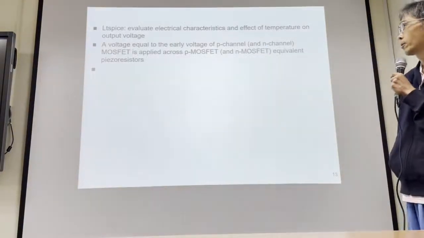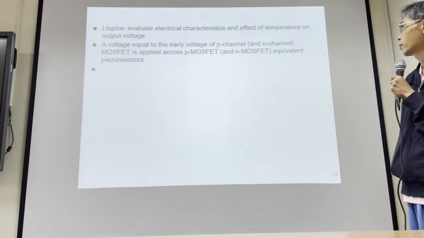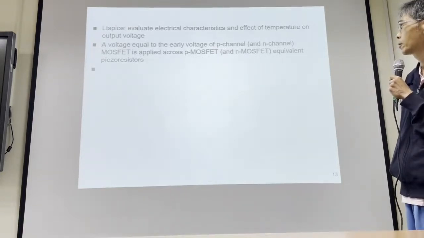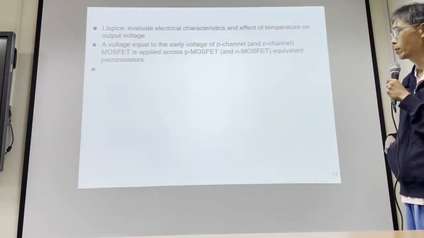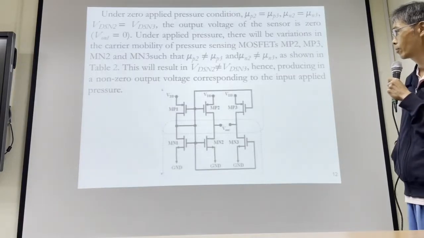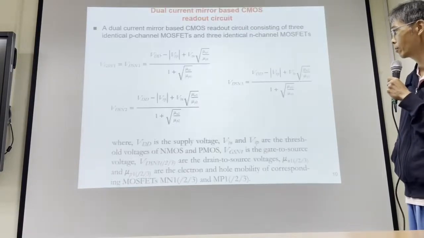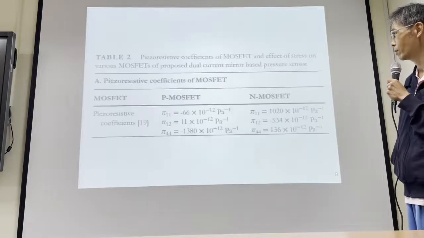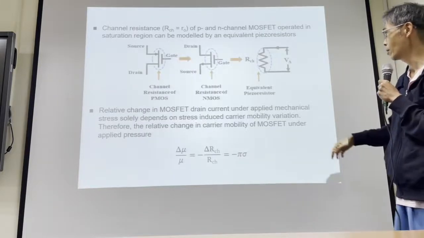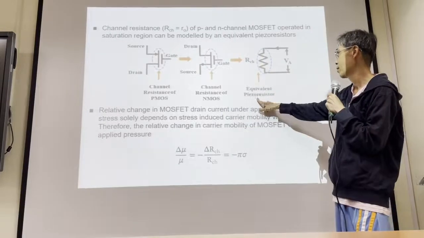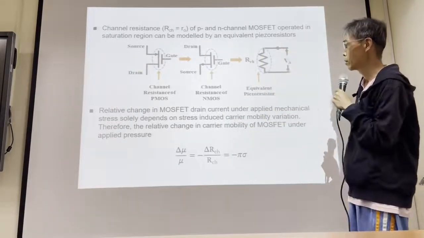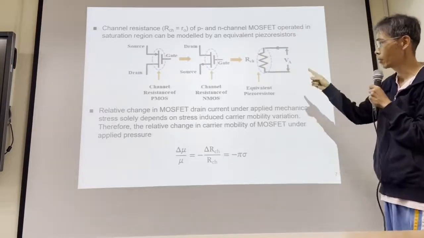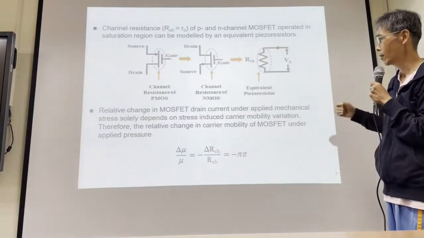The voltage equal to the early voltage of the channel, and the channel MOSFET VT is applied across both. Okay, we have this equivalent circuit. So we have the early voltage, VA, for the equivalent circuit. Okay, next.